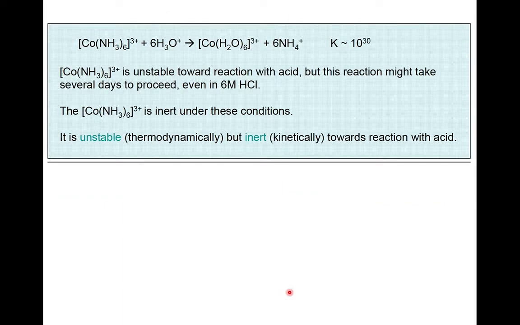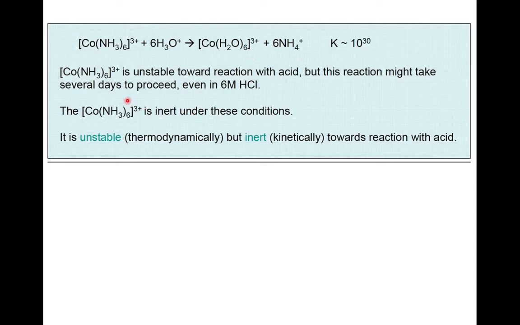All right, let's look at a couple examples of this. For this particular reaction, we have cobalt-3 with 6 ammonia ligands reacting with 6 equivalents of H3O+, which we would get by adding acid to water. It's 6 equivalents of hydronium to give us 6 waters attached to the cobalt center and 6 ammonium cations.